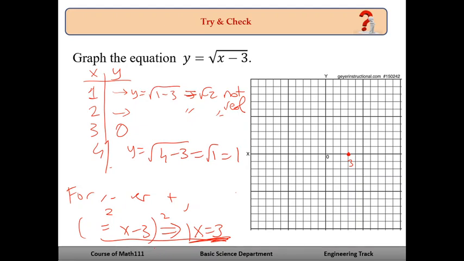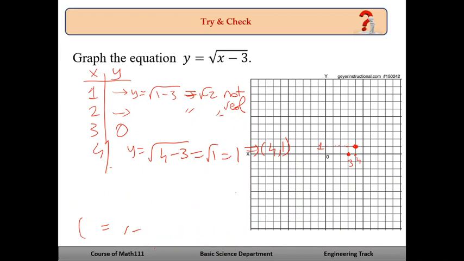And then you can put 4. It's 4, 1, right? Where is 4, 1? 4, 1 is here. This is another point. And now take other points. Let's say 5, or we can pick some more, like 7.